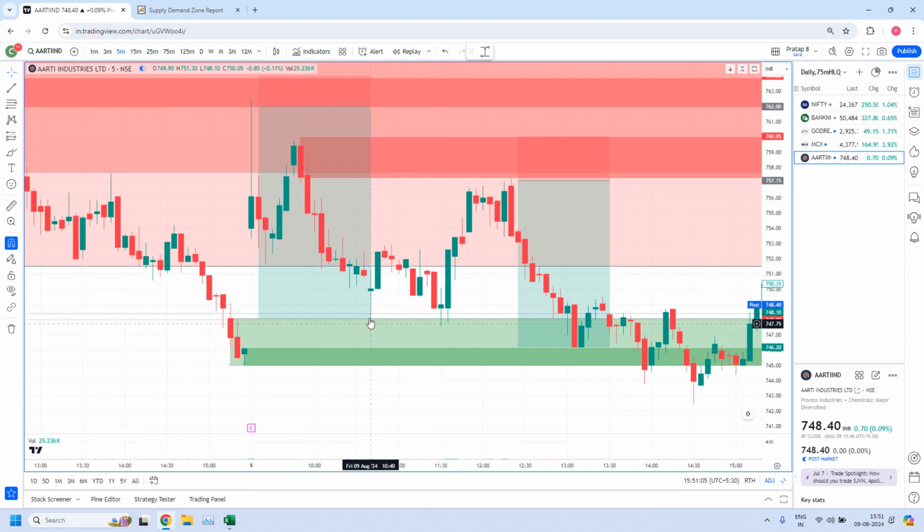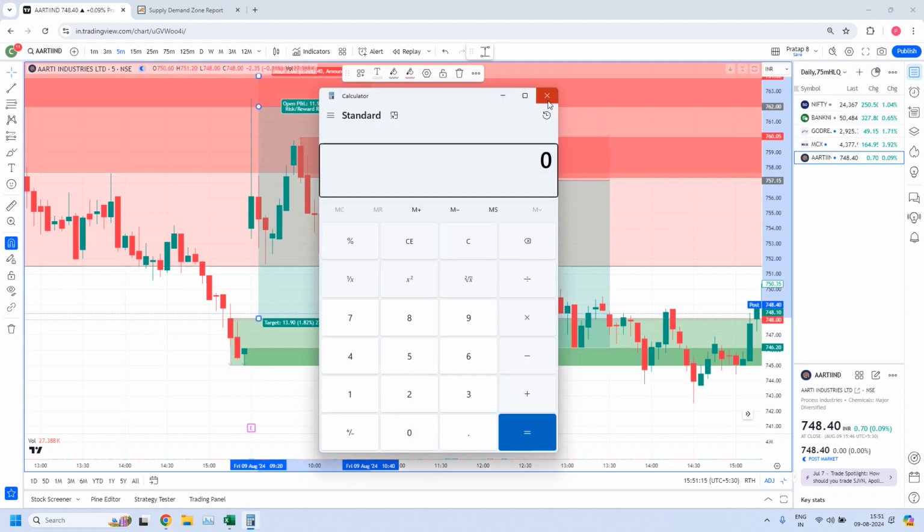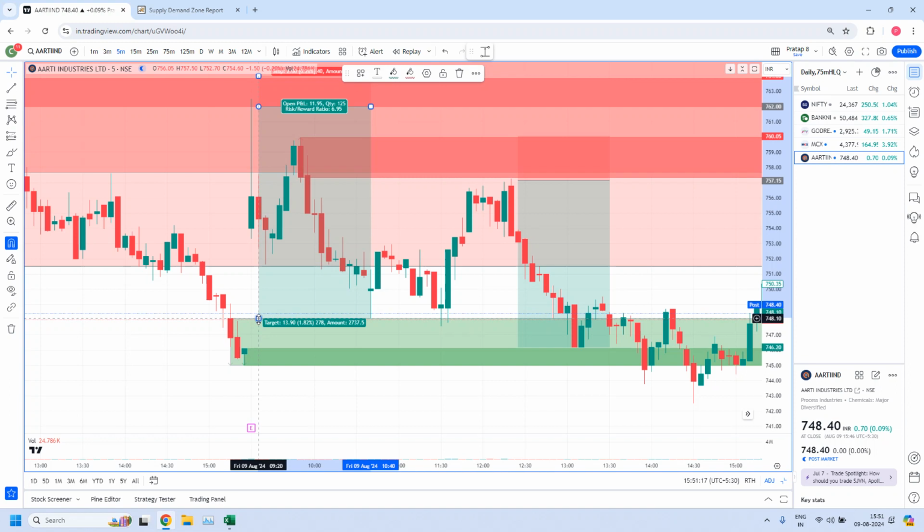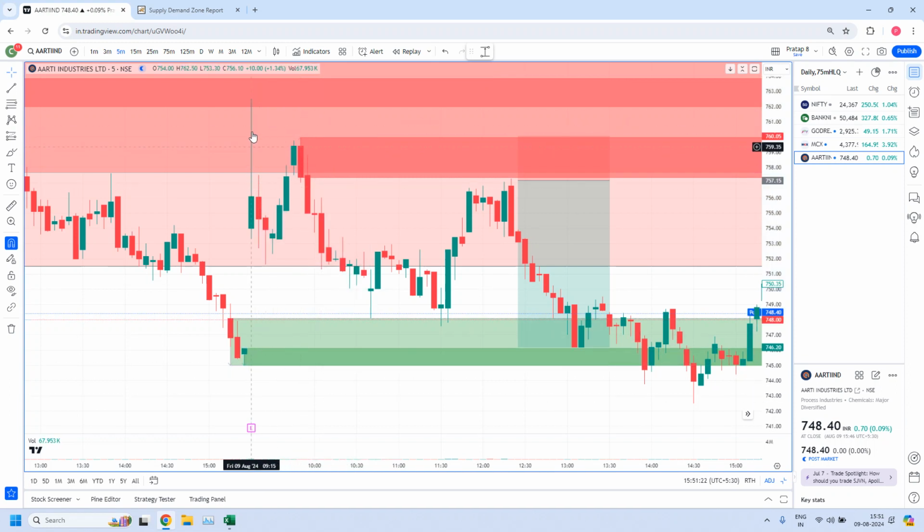At 10:40 candle, 5 minutes candle, it reached the target. Okay, this is fine. Now let me delete this. So this is the entry, this is the exit.